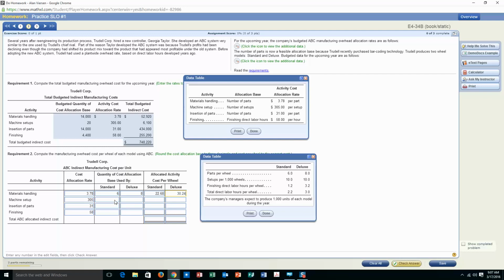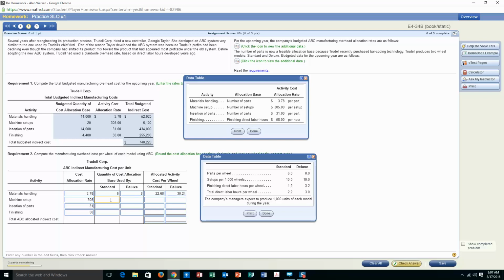The machine setup is a little bit complicated because you're taking a look at the quantity, and so you're going to have to take the total of 1,000 wheels, and for each one you're going to have to take 10 divided by 1,000 wheels because that's the number of setups.